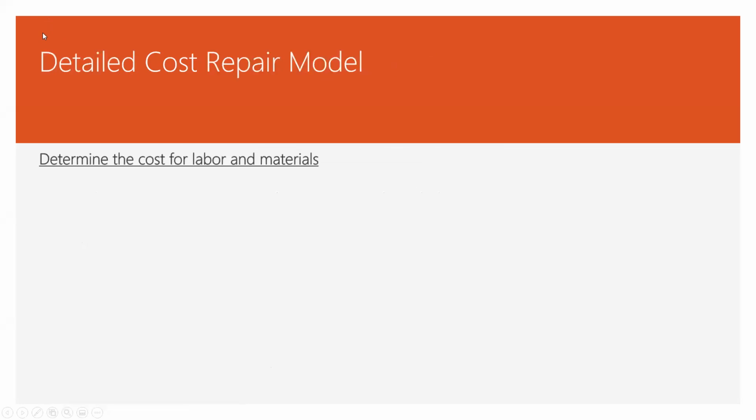Keep moving. Now, let's look at the third model. This is the detailed cost repair model for every individual item in the house. So you're going to determine the labor and the material cost for each piece of the project.